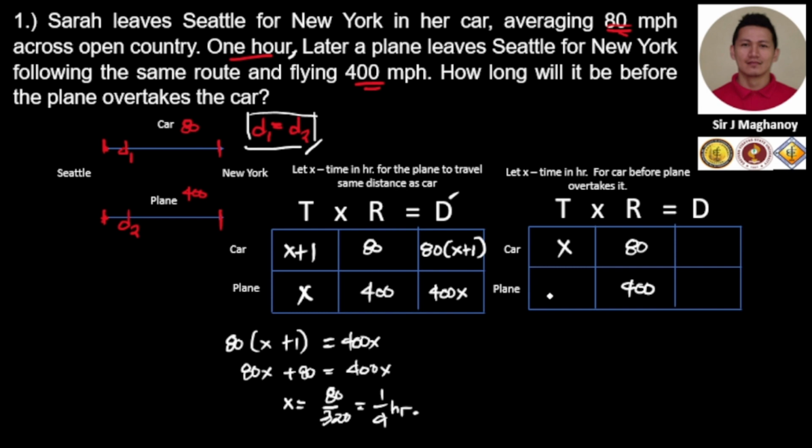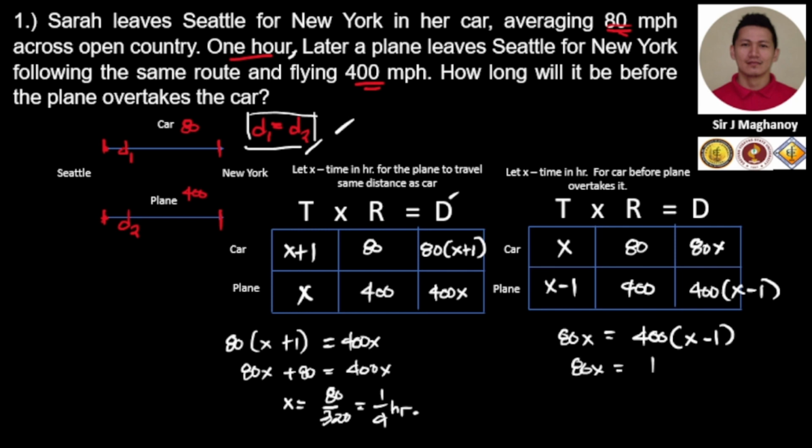So we can formulate our equation here. It will become 80x, applying our formula, and this will become 400 times the quantity x minus 1. Since they have an equal distance, 80x is equal to 400 times the quantity x minus 1. So 80x will become 400x minus 400.